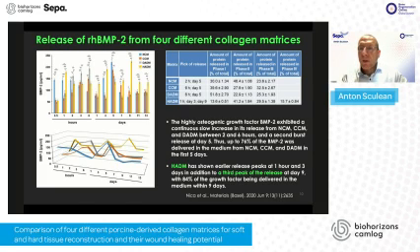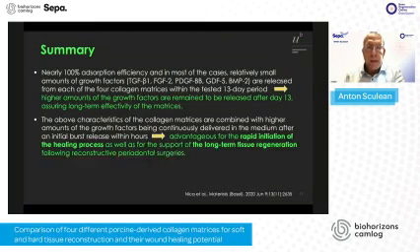All 4 have 3 phases, but one important observation that we made is that the hydrated acellular dermal matrix even has a phase 4. That means an even more prolonged activity in the release of BMP2, and this is very important, especially if we consider later the effects on bone healing, okay? Because we know that BMP2 has a very important effect on bone healing.